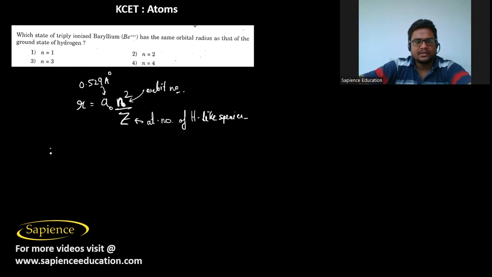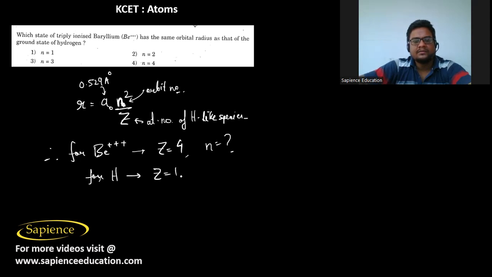So for triply ionized beryllium, its atomic number is 4, and we have to find out n, which state. For hydrogen, we know that z is equal to 1.